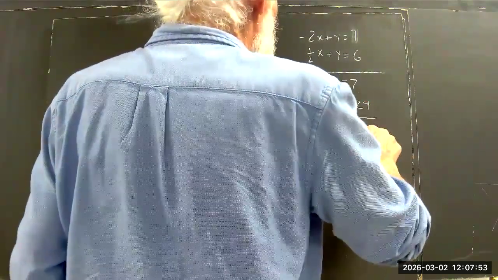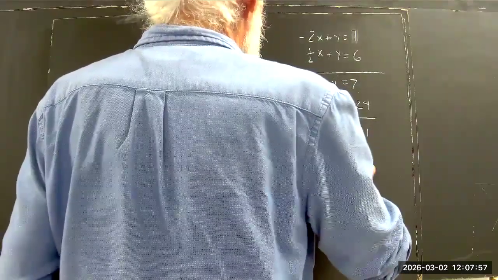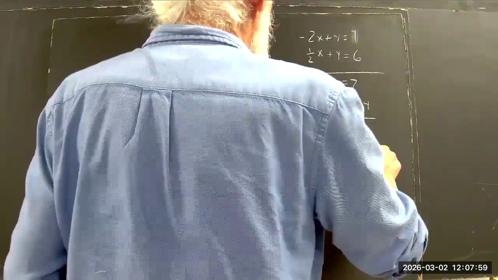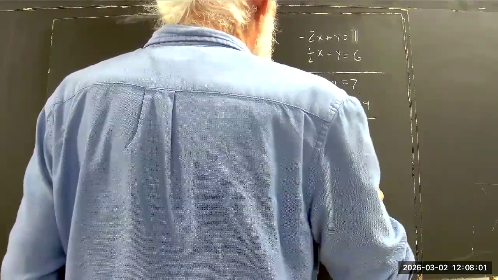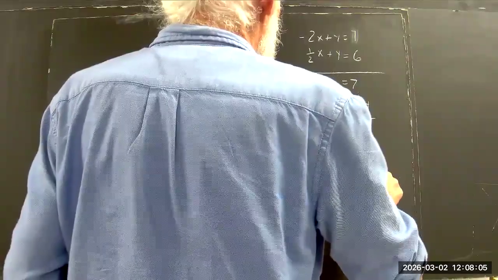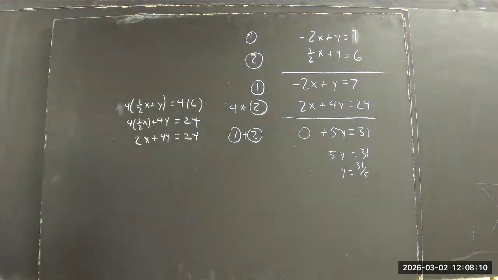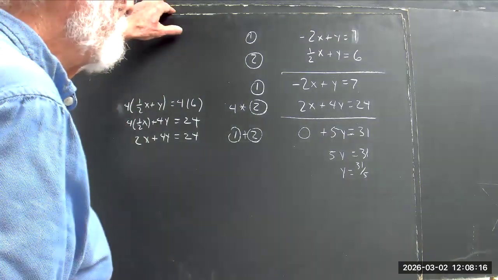And 7 and 24 is 31. So that equals 31. Y equals 31 over 5. Okay. Now, is that familiar?